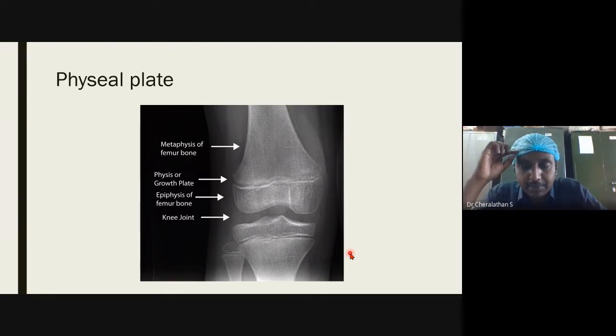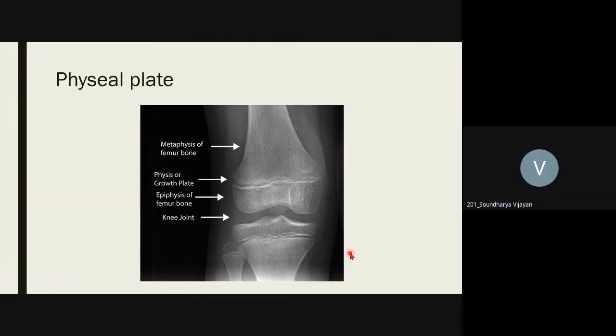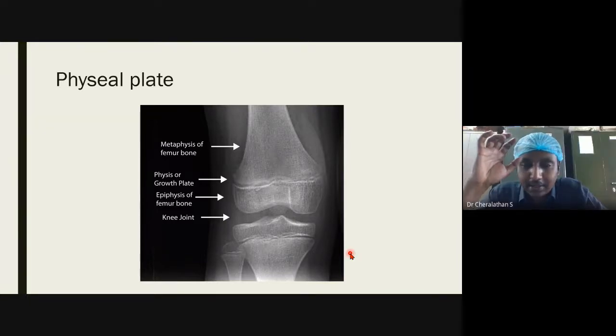Can one of you tell me, with regards to valgus knee, which part of the knee continues to grow and which part has arrested growth? Medial side continues to grow, sir. Excellent, doctor. So there is delayed growth on the lateral side, whereas there is normal growth on the medial side.